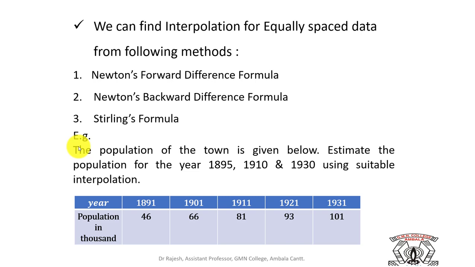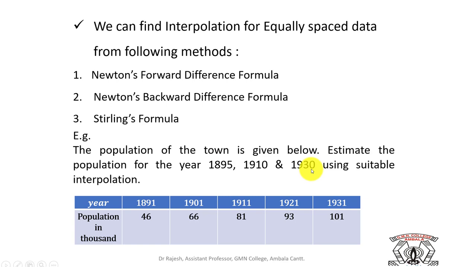Similarly here, if you see, the data is equally spaced. Here the difference is 10, here 10, here 10, here 10, and we are required to find the value of the function, or the population, in the years 1895, 1910, 1930.